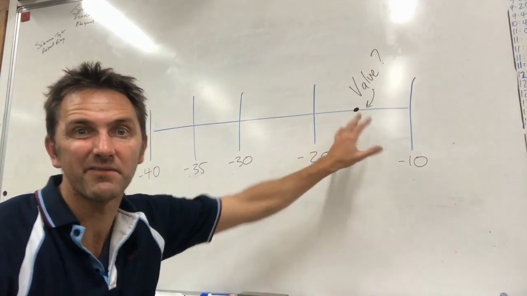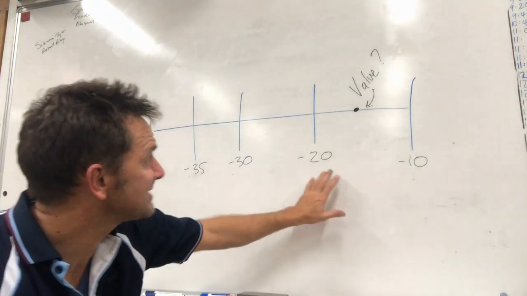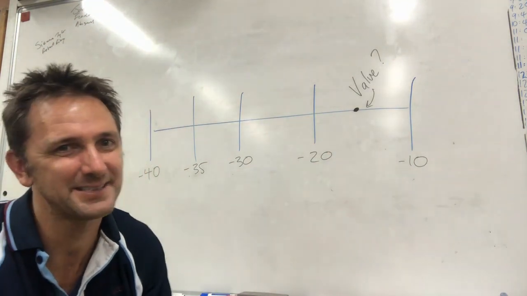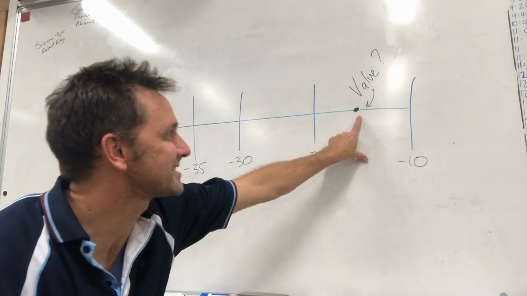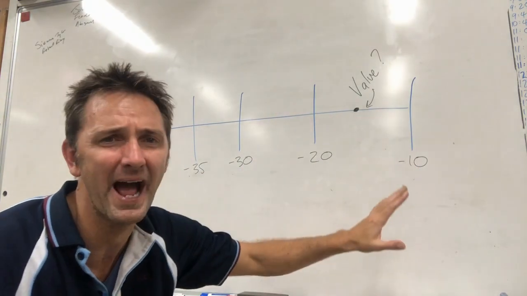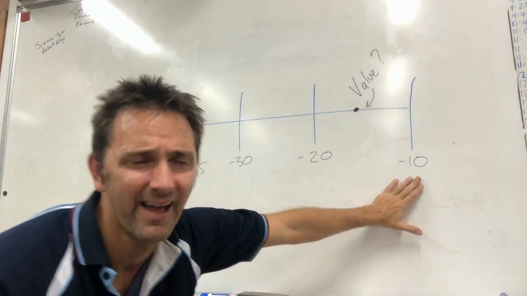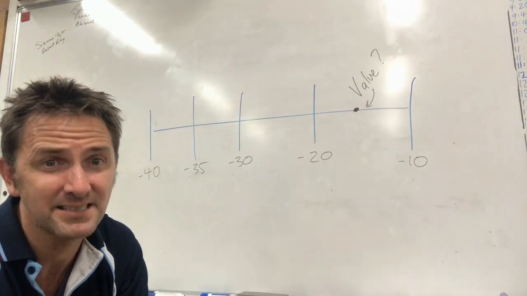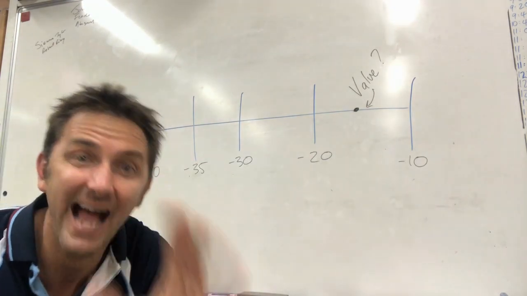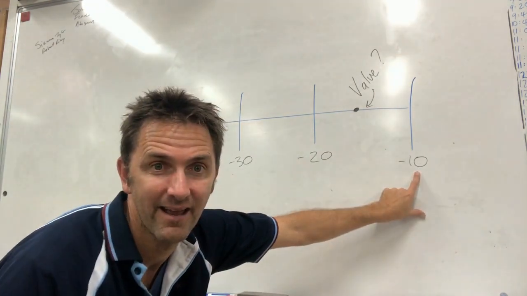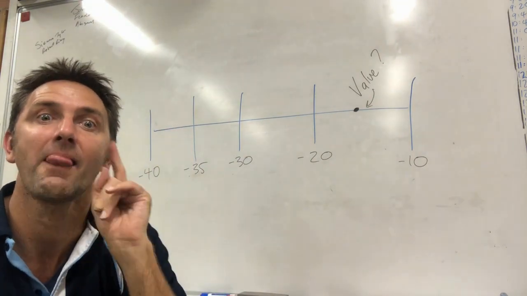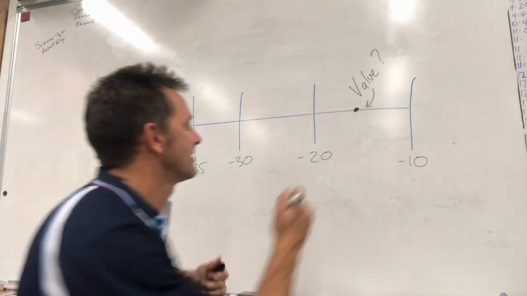What's the value of the dot? But there's no number there, so how can you tell? Well, I know it's not a perfect drawing, but this dot is exactly halfway between -10 and -20 on the number line. So I'm telling you right now, exactly halfway between -10 and -20 is -15. That's exactly halfway.